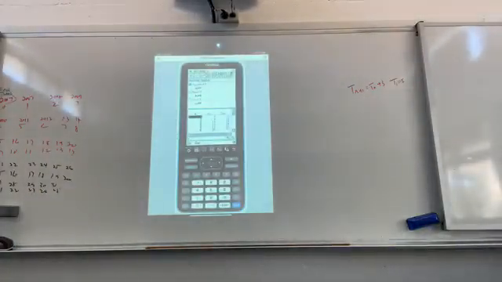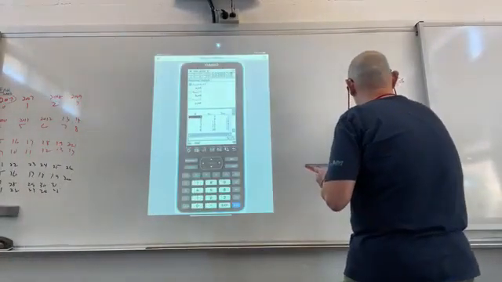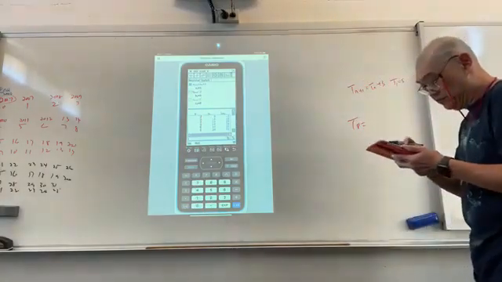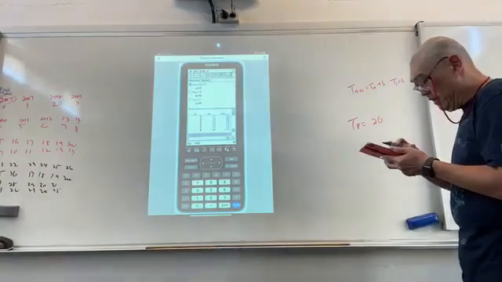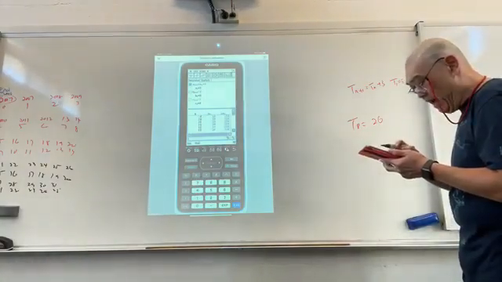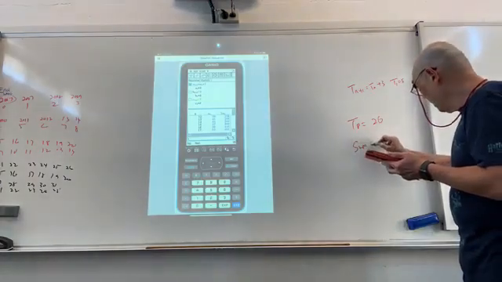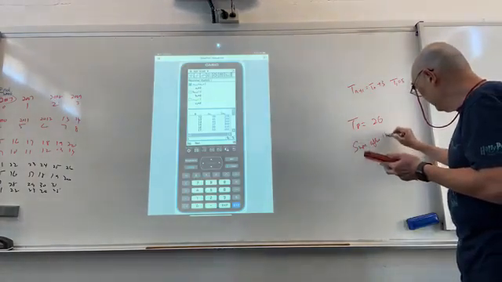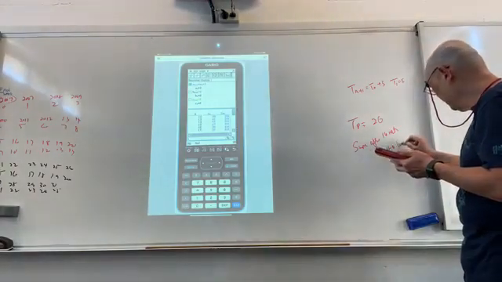T8, week 8. So you need to know T8. T8 equals 26. And then right at the end, after 16 weeks in total, the sum is 440 kilometers.